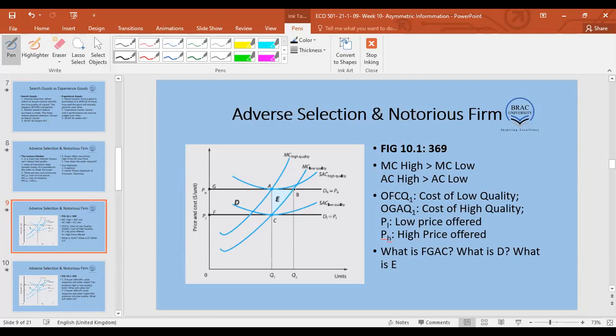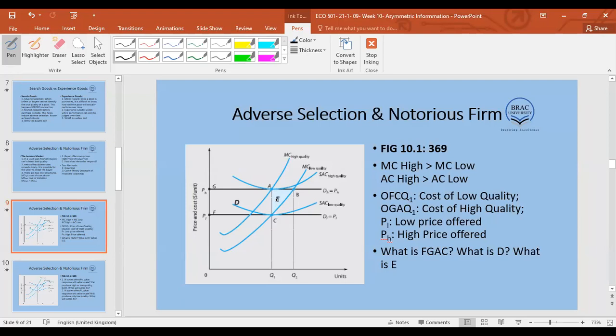Because his equilibrium is not at A, it's now at B. Got it? Is he operating on this curve? No, sir. He's operating on this curve, right? So yes, his equilibrium will now be at point B. So he will get that D profit plus E.